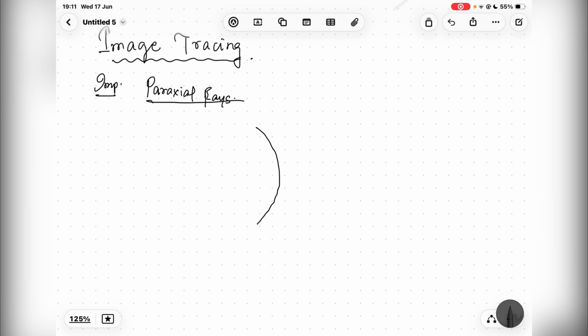Suppose we have a mirror, something like this. We have our principal axis, and here is the image.